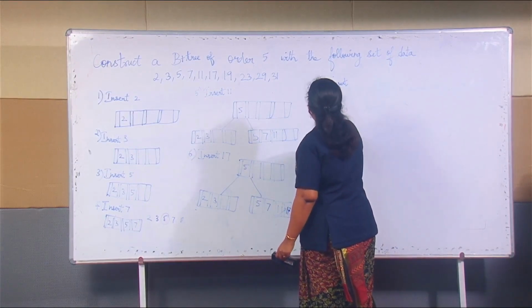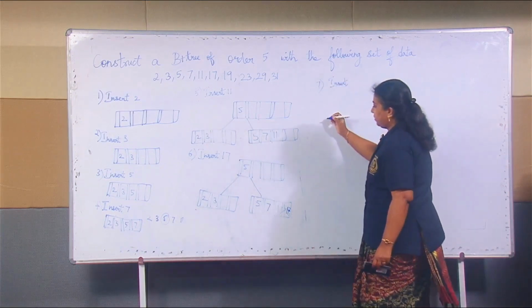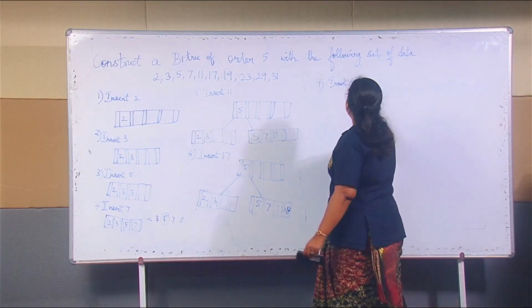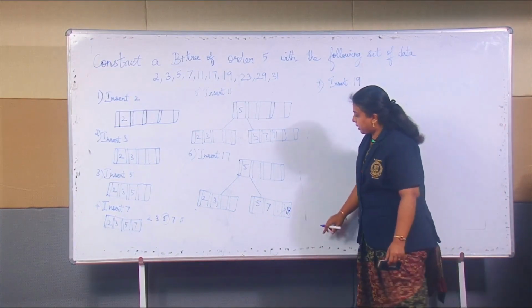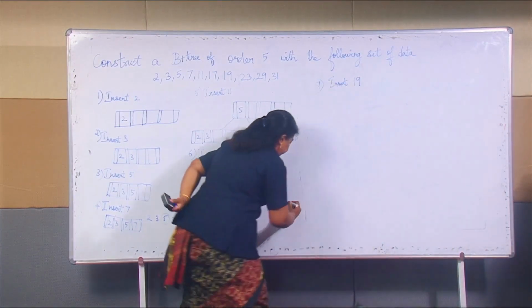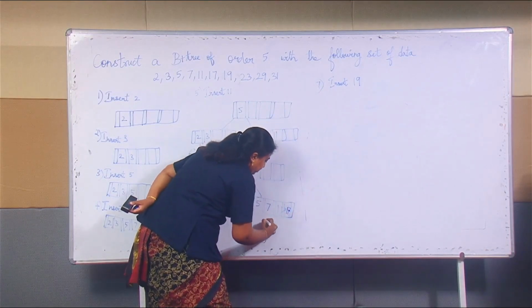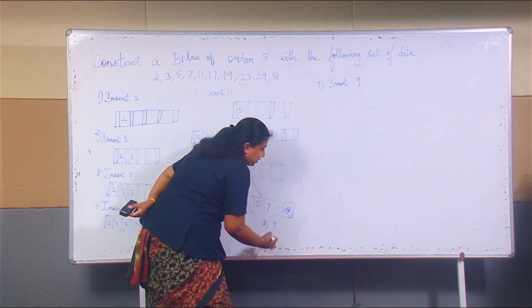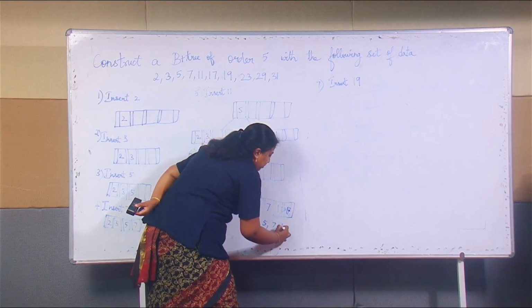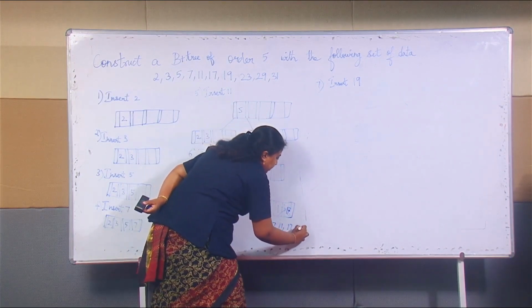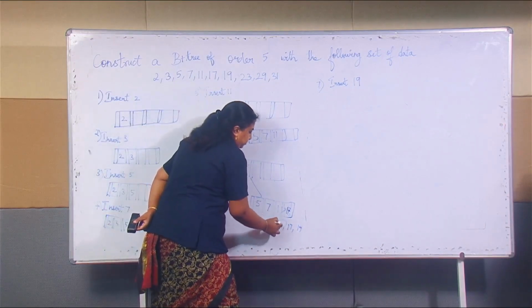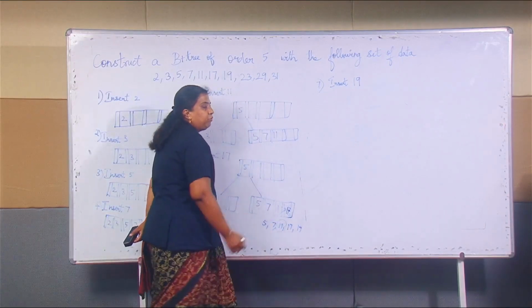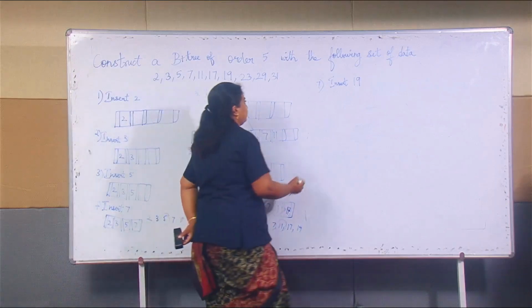Step 7, insert element 19. While inserting element 19, it will be 5, 7, 11, 17, 19. The middle element will be 11, so 11 has to be moved to the parent node.